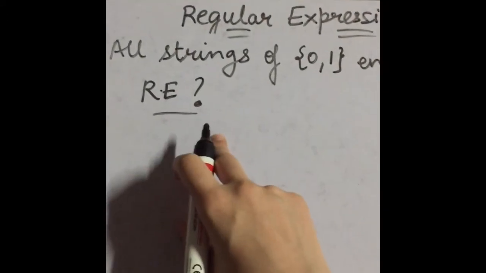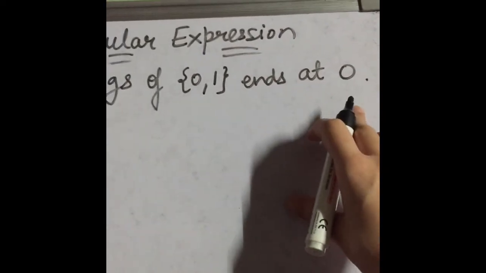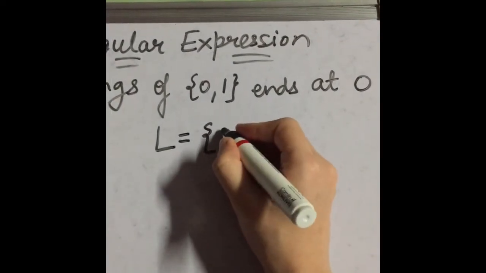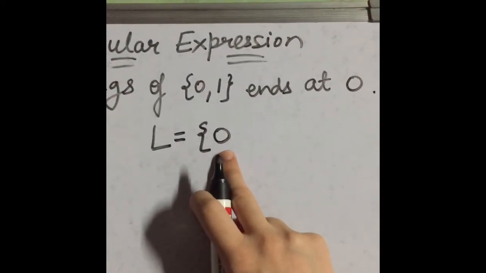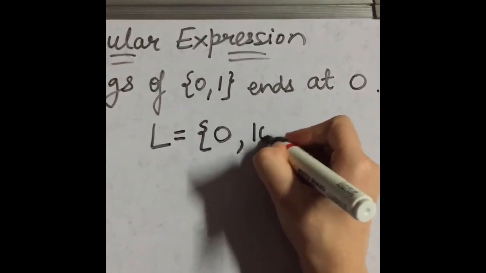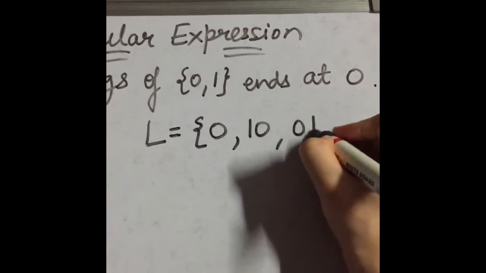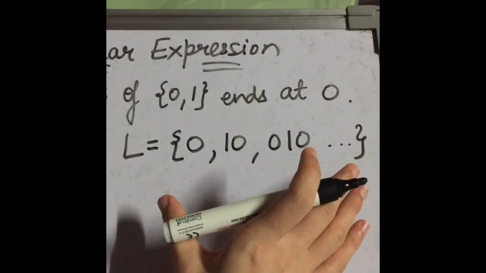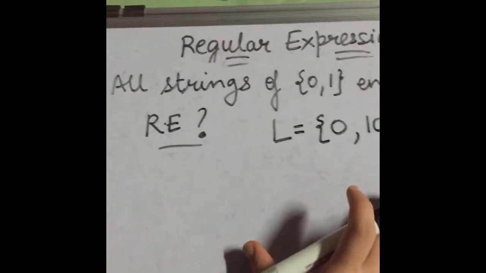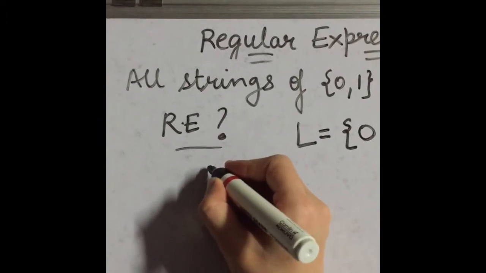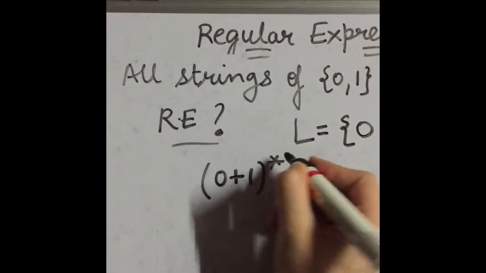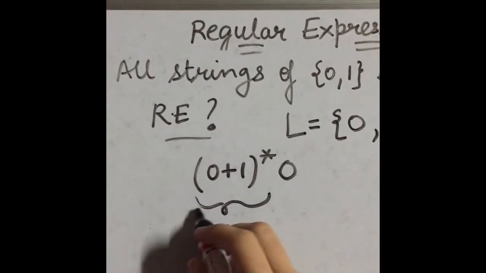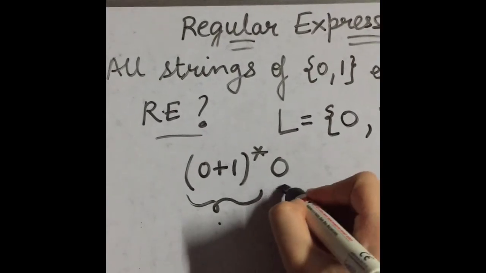First, think: is this language regular? A single 0 also ends at 0, 1 0 ends at 0, 0 1 0 also ends at 0, and it is an infinite language. The regular expression is simple: 0 plus 1 whole star, and then 0. Don't worry about the start, worry about the end.